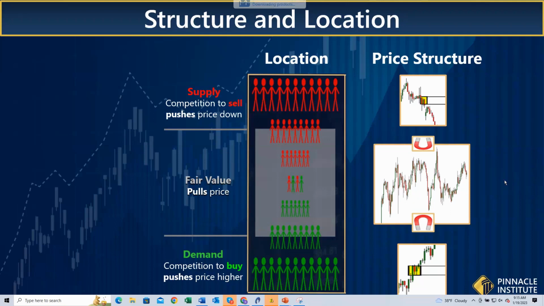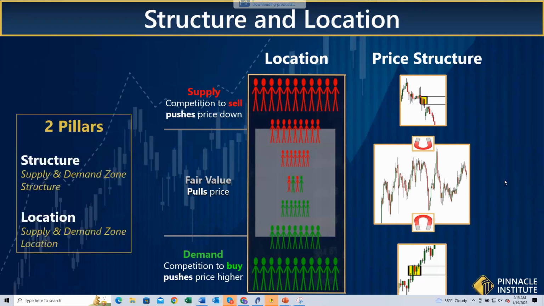That's why our rules focus on two things and two things only, structure and location, right? If we have a supply or demand zone that qualifies as far as structure, where is it located? So step one, identify fair value in whatever market you're looking at.